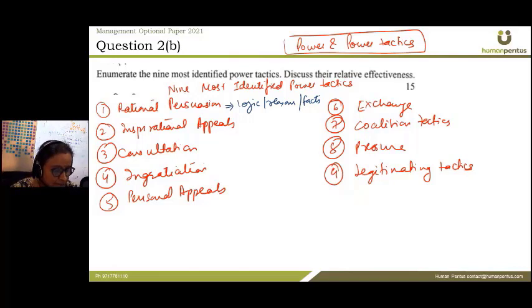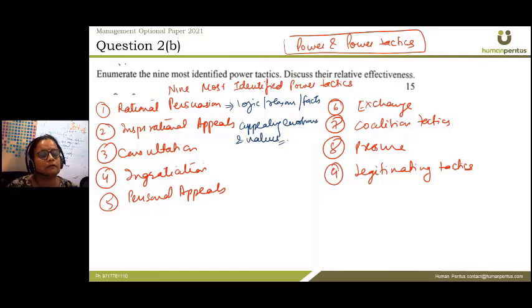Inspirational appeals. Inspirational appeal is whenever the power holder tries to build enthusiasm by appealing to the emotions and values of other people. Then that comes under inspirational appeals. Like for example, political leaders, right?